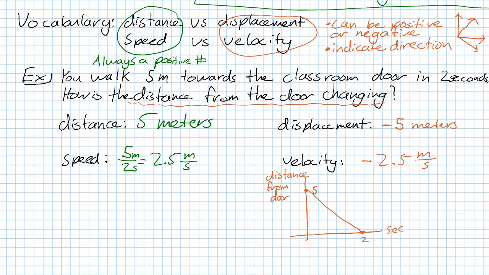It started off as 5 meters from the door, and then later in time, it was 0 meters from the door. So if you start at 5 and then go to 0, that's a negative change. You can think of displacement with numbers as meaning the same thing as a delta y, sort of.